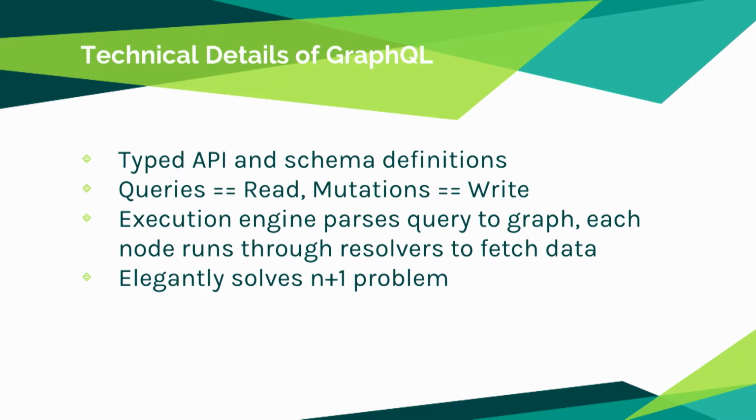And then more importantly, it solves the n+1 problem. So in a typical RESTful interface, if you ask for, for instance, a blog post, right? You ask for a blog post in the REST API, and it comes back with a list of comment IDs. Now, if you don't have a batch get comments as part of your API, you have the typical resource defined as blog ID, right?